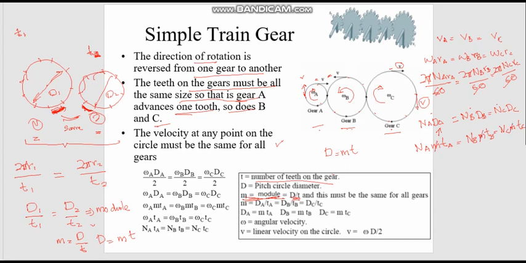So what I have is na times ta equals nb times tb equals nc times tc. So this is how this equation is derived.